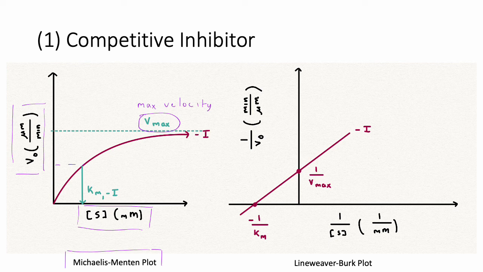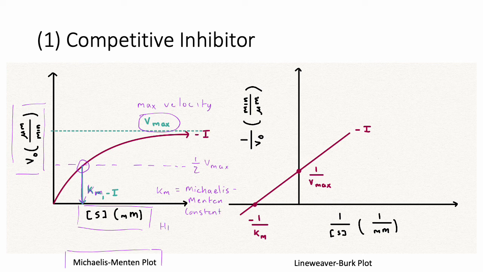At 1/2 Vmax, here we go, we have 1/2 Vmax. The concentration of substrate at that point is called Km. Km is also called the Michaelis-Menten constant.